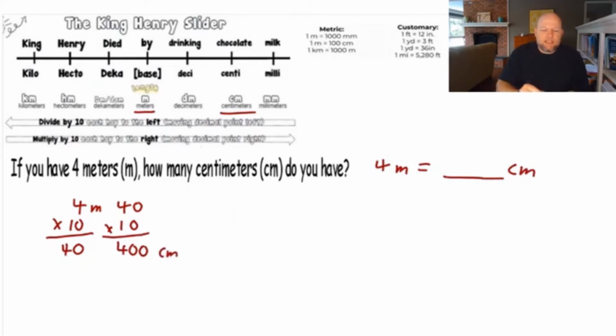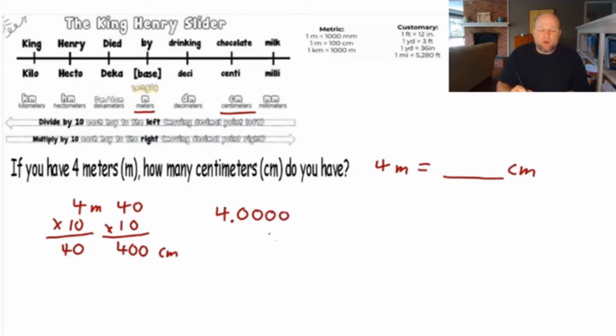So let's try this a different way. It says here multiply by 10 each hop to the right, which is what we did. And in brackets here it says moving decimal point to the right. So let's try this with just moving the decimal point to the right. So we have 4. Our decimal point would be here, and let's add some zeros for placeholders.